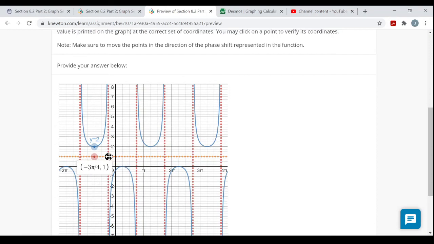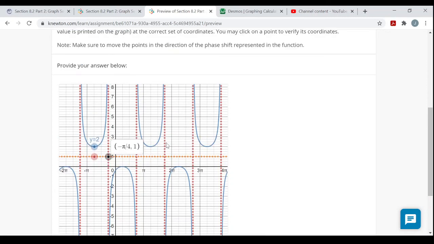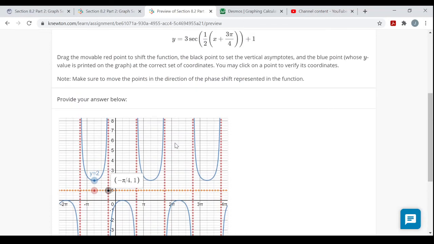So right now this is at -pi over 4, and this is at -5 pi over 4, it looks like, because each notch is pi over 4, 2 pi over 4, 3 pi over 4, 4 pi over 4. So negative pi over 4 to negative 5 pi over 4, that's 1 pi. Things are looking good on that end, right?